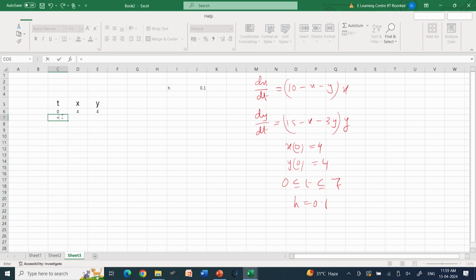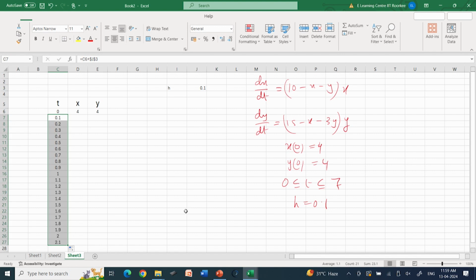So, I give the increment, this is equal to this value plus the increment in h. I have to make this a constant. So, you put dollar, enter, so you get the increment, you drag up to few cells and you get the increment. Though I am supposed to go up to 7, but you get the point that I can drag this up to 7 also.